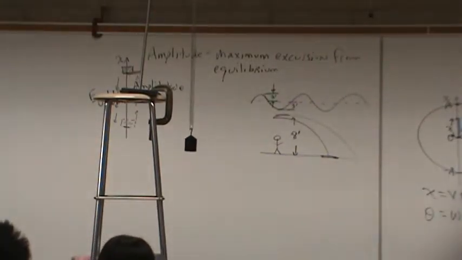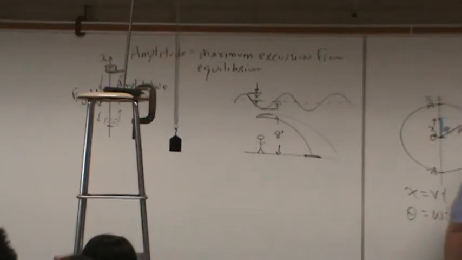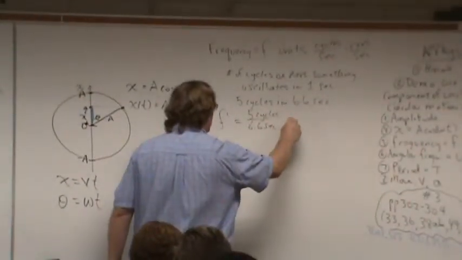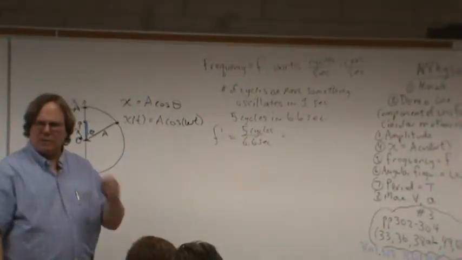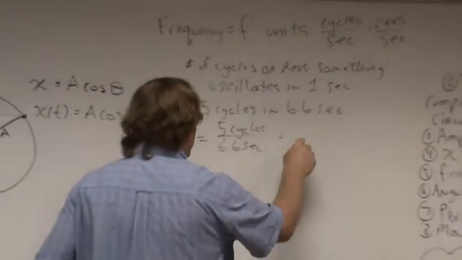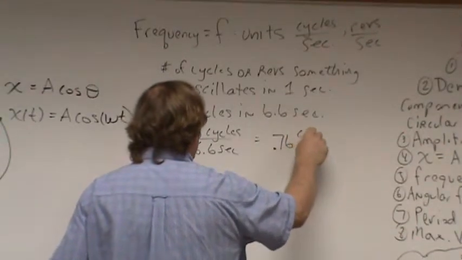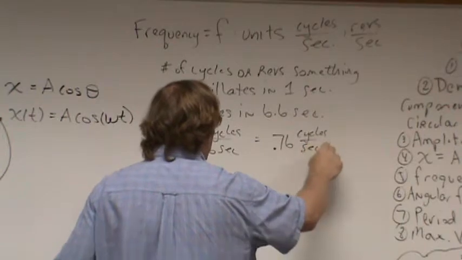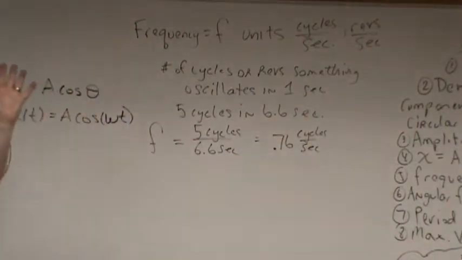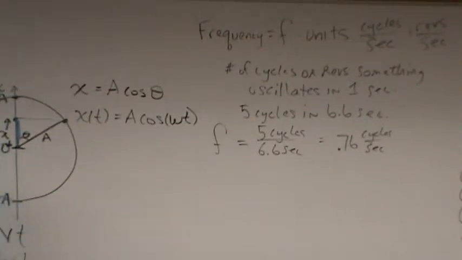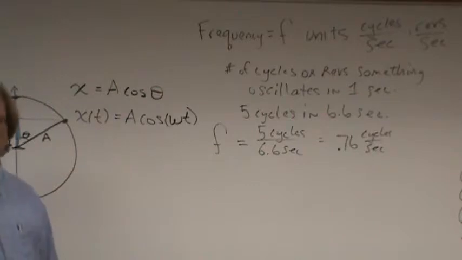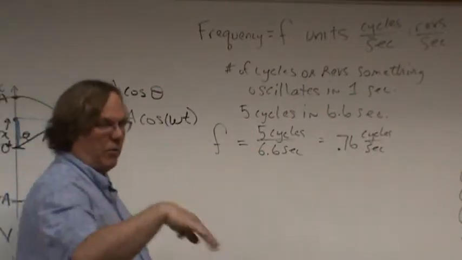So are you guys getting 5 cycles in 6.6 seconds? Which was that, like 0.76? Yes. All right. So that's going to be 0.76 cycles per second. How many people got that as the frequency of oscillation? Okay, beautiful. Now here's the weird thing. There's some dude named Heinrich Hertz, and he did a bunch of work with microwave radiation and other things that were oscillating.